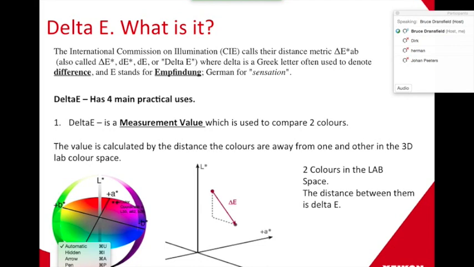So first of all, delta, if we have one coordinate and another coordinate, the difference between those coordinates is delta E. So the first practical use of this idea is it's just the difference between two colours to compare them. Now that might be two colours which are totally different colours, or you want to compare two colours that are supposed to be the same or similar.